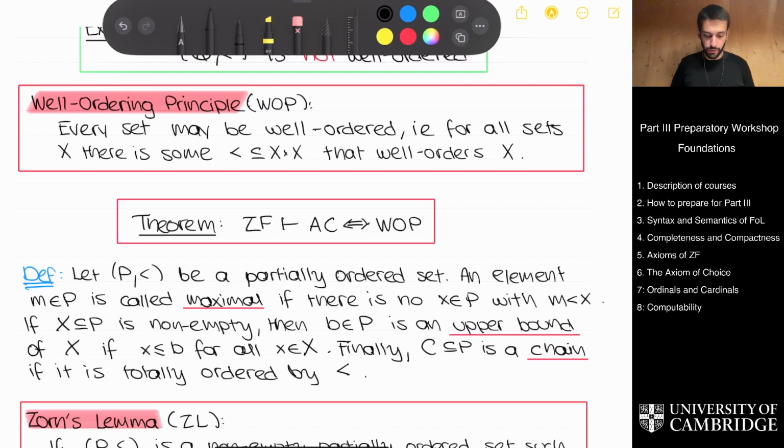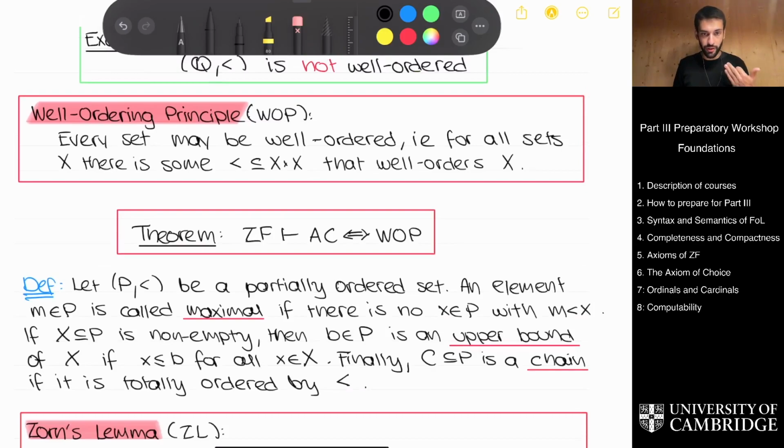I will not bother to do this now. But what is very interesting and nice, and possibly slightly counterintuitive, but maybe not so much once you see the proof, is that under the rest of the axioms of ZF, AC, the axiom of choice, is equivalent to the well ordering principle.